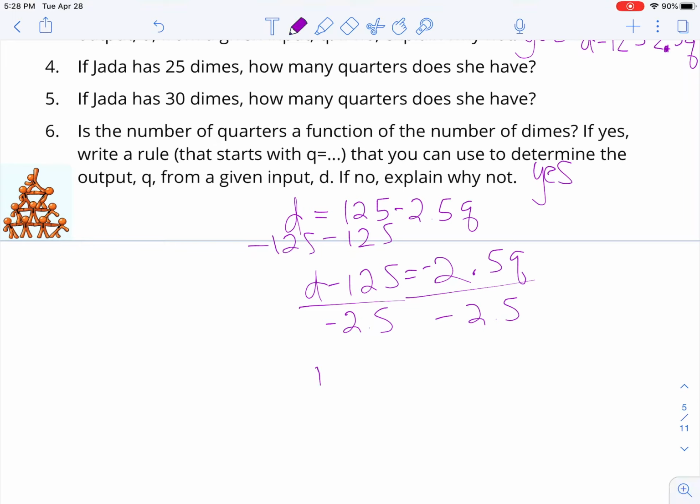So 1 over 2.5, which ends up being, I don't know, use calculator, 1 divided by 2.5, 0.4. So this is 0.4D, and then plus 125 divided by 2.5, 125 divided by 2.5 equals 50.